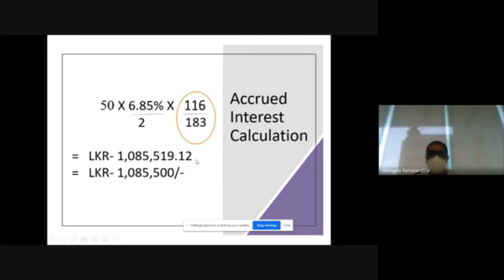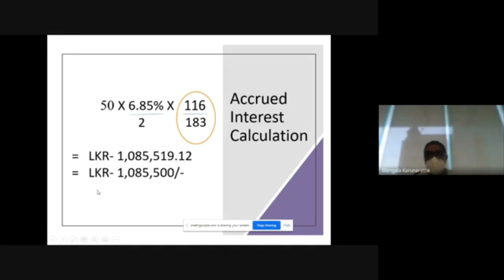If you are using a bond calculator, you can calculate and see what figure you will be getting, right? Actually in this deal, the accrued interest was one. Now when we did this, that's why I said this is an actual deal, right?